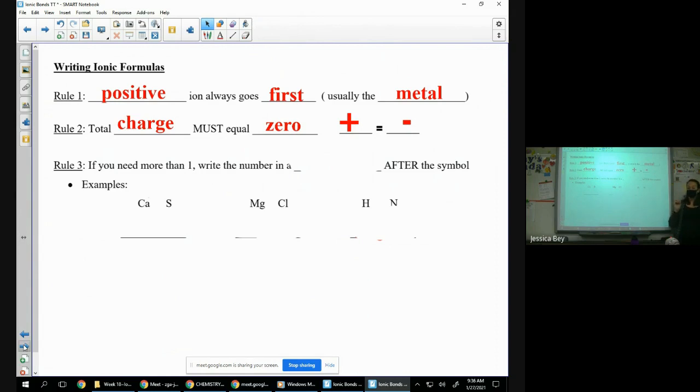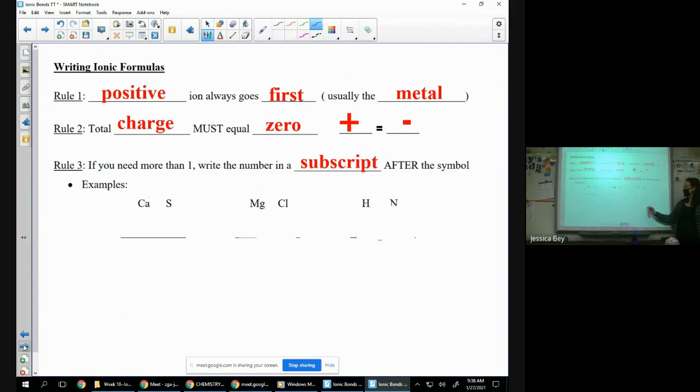The total charge must be neutral. If you're writing a formula for a compound, I don't care if it's today, Monday, whenever, they have to be neutral, okay? If you need more than one of something, you write a subscript after the element you want.